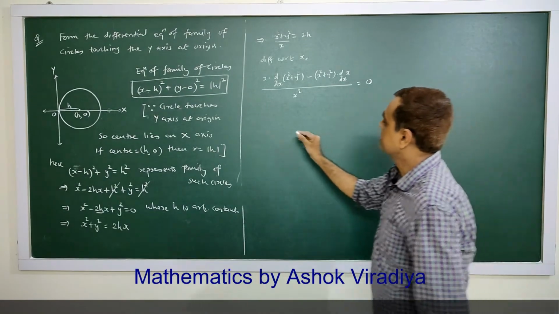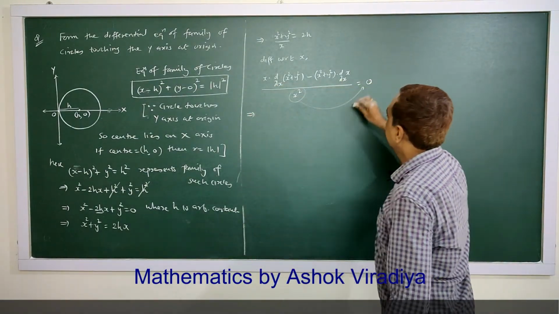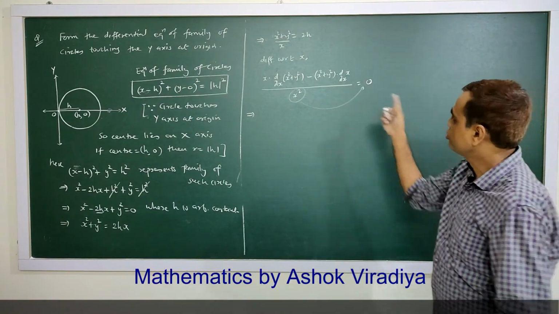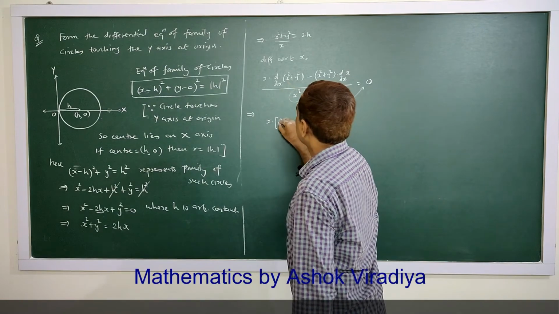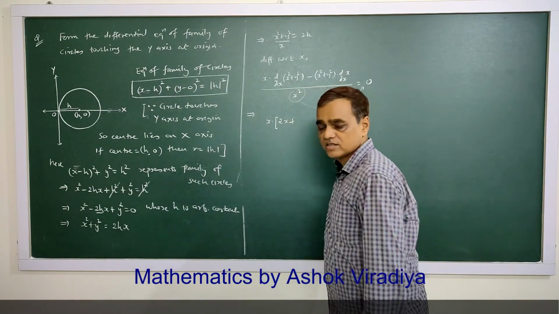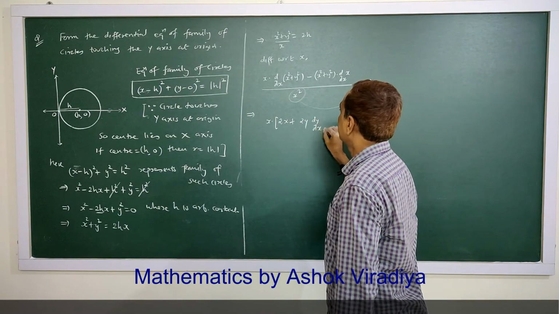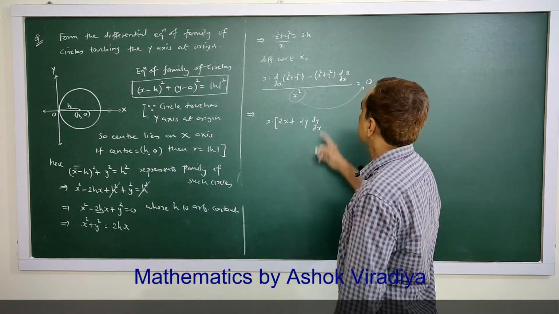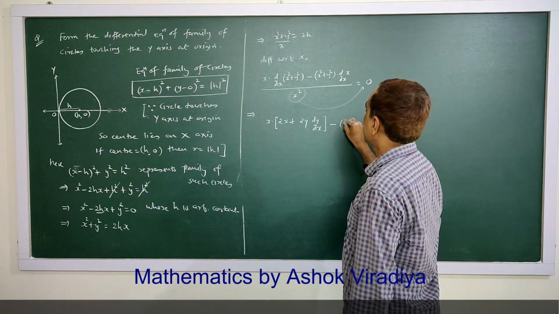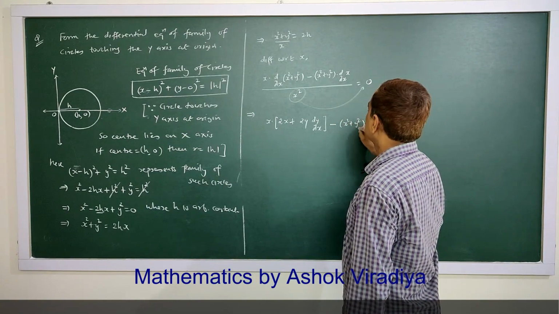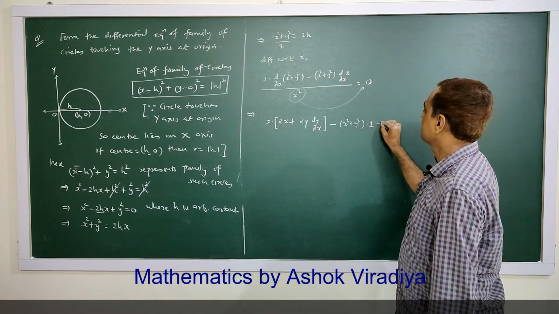Now simplifying, x square into 0 will be 0. Now the numerator is x into the derivative of x square, which is 2x, plus the derivative of y square, which is 2y dy by dx, minus x square plus y square as it is, its derivative is 1, equal to 0.